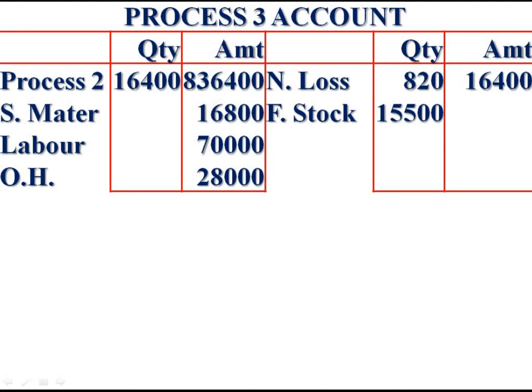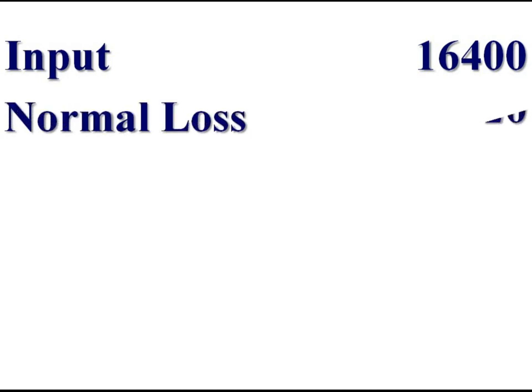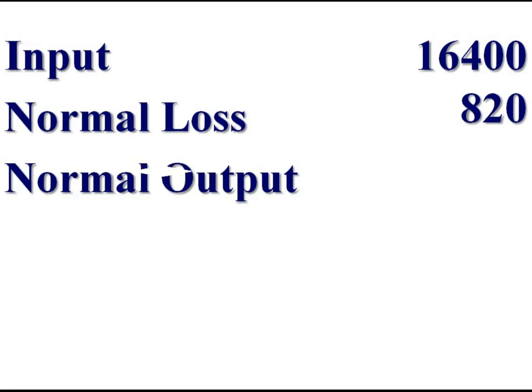In the debit side, the total being 16,400. In the credit side, the total being 16,320. Input 16,400 less normal loss, it is 820. We get normal output 15,580.